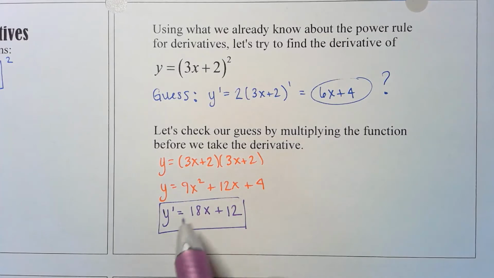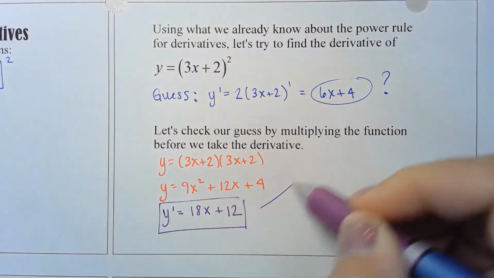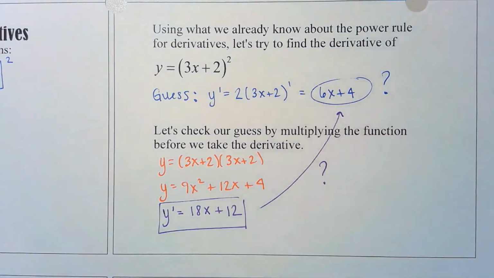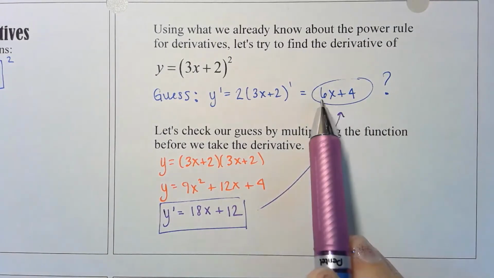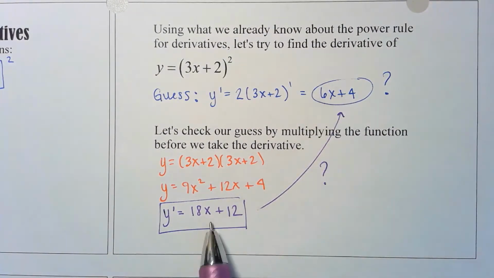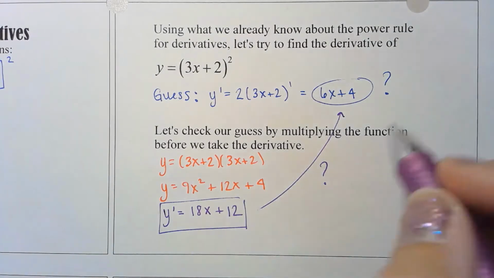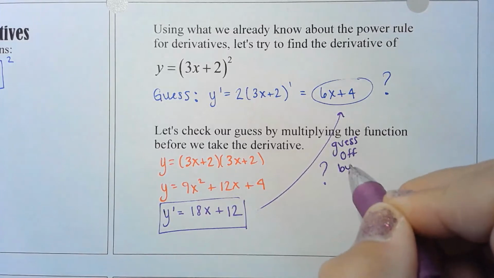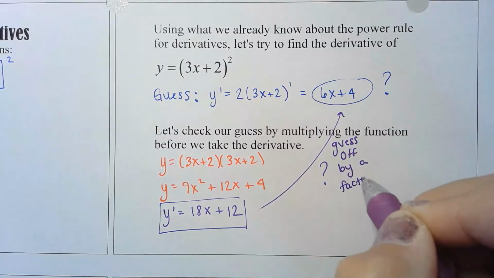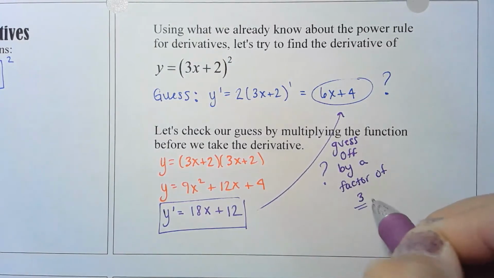We know this is the derivative. This is what we thought was the derivative. Right? And what's the difference here? Well, the difference here is we're off by a factor of 3, right? I'm going to say our guess is off by a factor of 3.